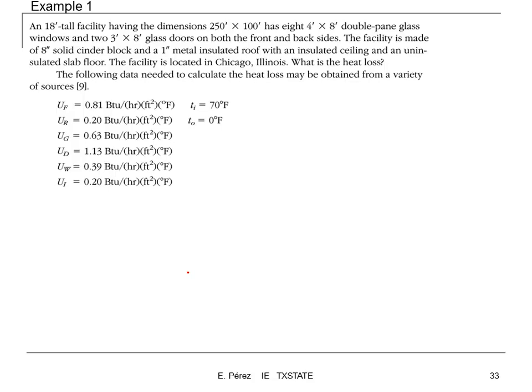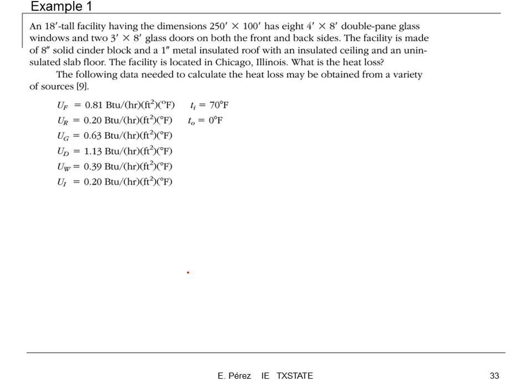So let's discuss this example. So we have an 18 feet tall facility having the dimensions of 250 times 100 feet, 4 feet times 8 double pane glass windows, and 2 3x8 glass top doors on both the front and the back sides of the facility.